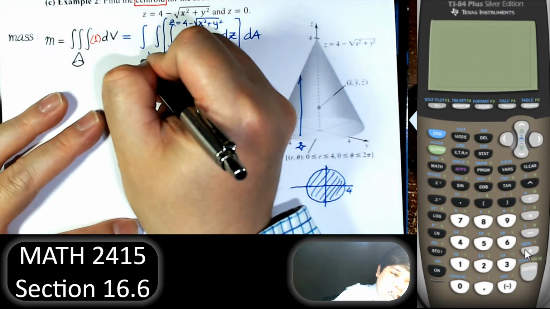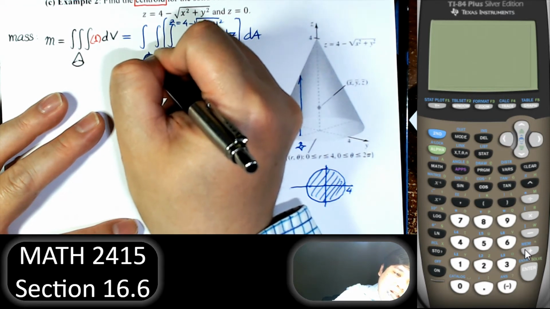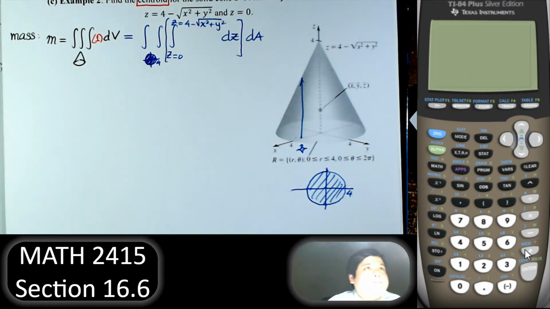So we just have a disk for xy, radius equal to 4. Yeah, certainly we can set up the limits for x and y.